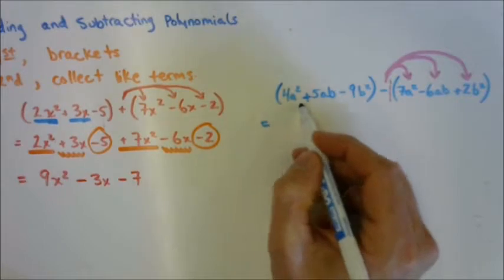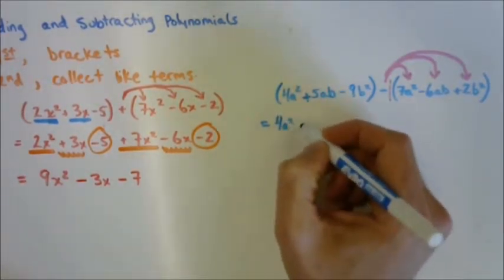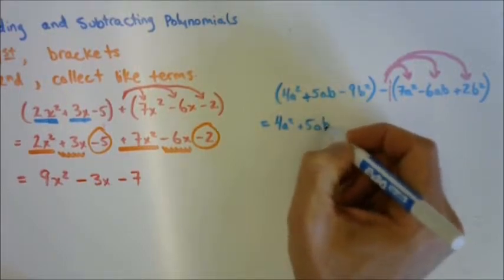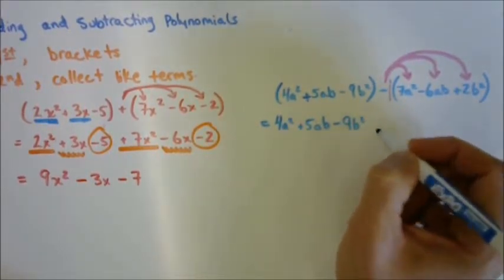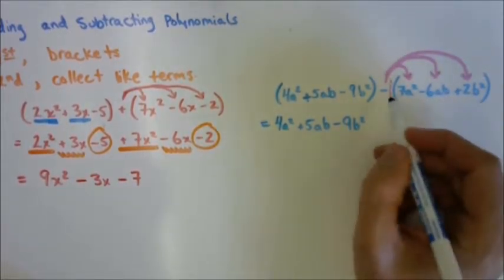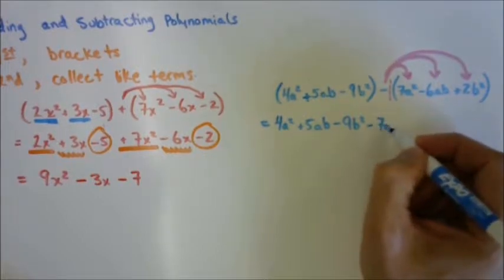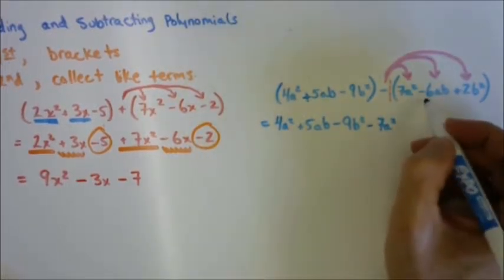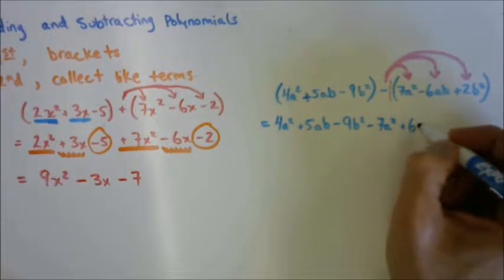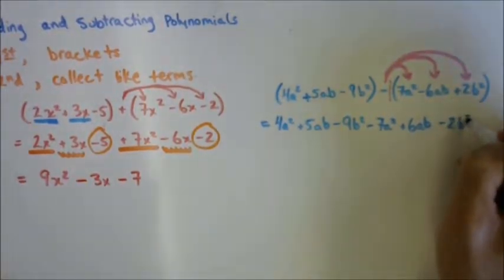Nothing changes in the first bracket, so we can get rid of those parentheses. 4a squared plus 5ab minus 9b squared. But then in the second bracket, we're going to lose the parentheses, but now instead of 7a squared, we have minus 7a squared. Instead of minus 6ab, we have plus 6ab, and you'll notice just the signs are all changing. We have minus 2b squared.